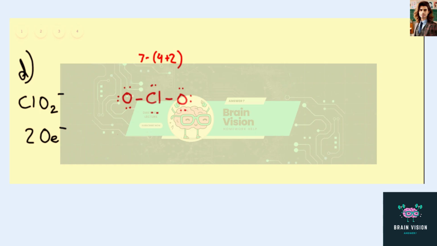So we take first from the oxygen atom on the left. Now we look at the formal charge, it's 0. Instead of 7 minus (4 plus 2), we have 7 minus (4 plus 3) for chlorine. So we have 0 here as well, and then we have -1.